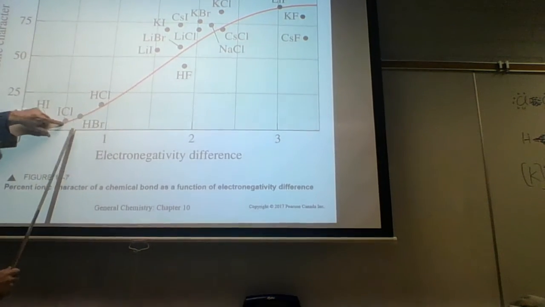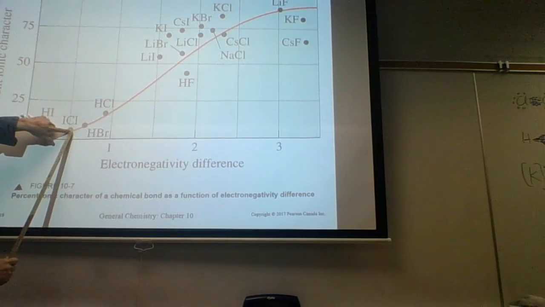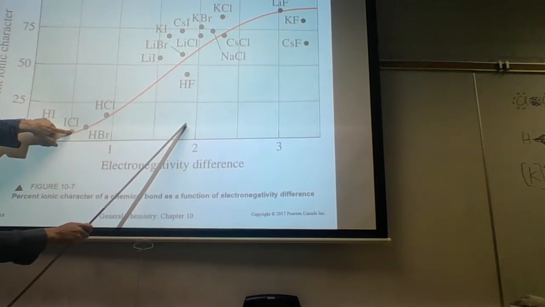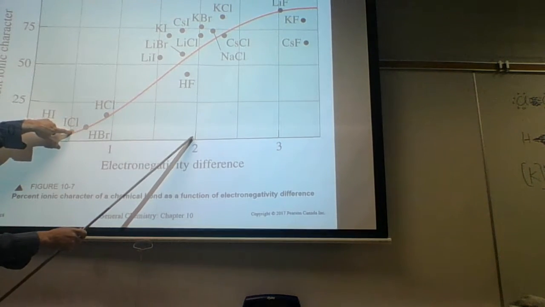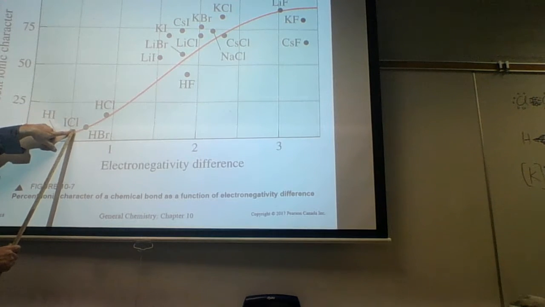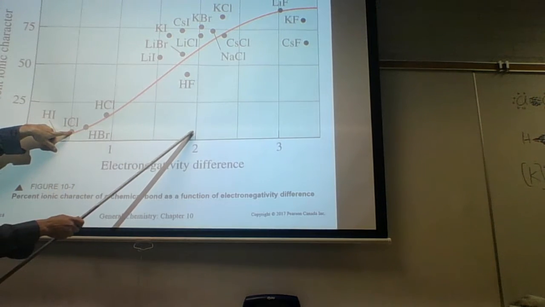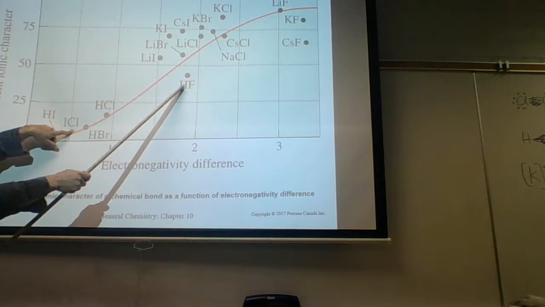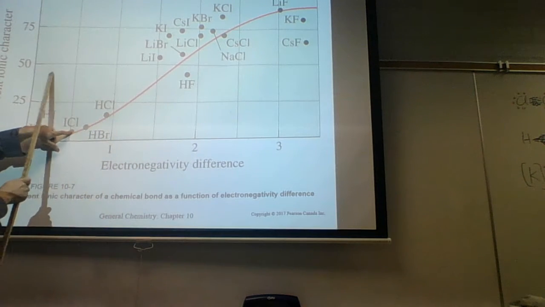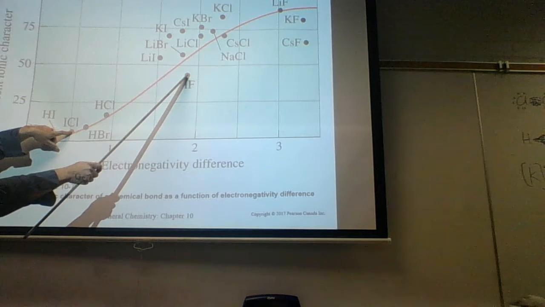If we have an electronegativity difference from about 0.5 to about 2, that would be polar covalent, like HF. HF is still only 45% ionic.